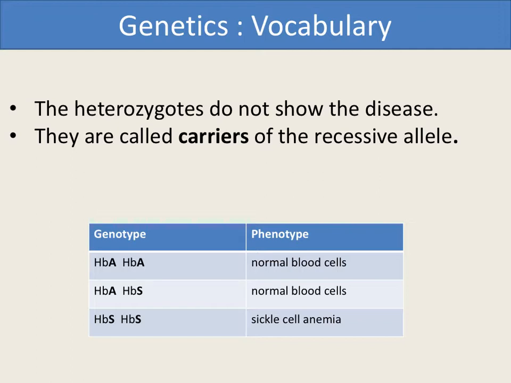Individuals who just have one copy, they're heterozygotes, HBA, HBS. They're carriers of the recessive allele. In other words, they can donate that allele to offspring. In fact, if they're HBA, HBS, half the time they'll donate the HBS allele, and half the time they'll donate the HBA allele. Okay?